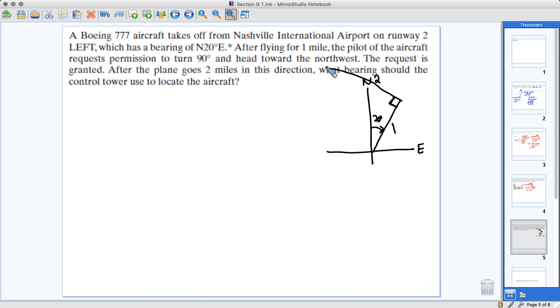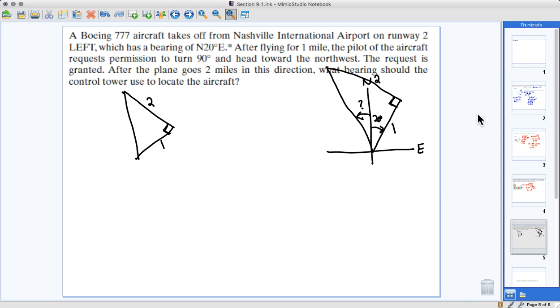So guys, I'm going to create a right triangle here. What we want to find is what this bearing would be. I'll draw it a little easier for you to see. I know that's a 90-degree angle. I know that part of this angle down here is 20. To find the missing part, I'm going to find what the whole angle is.